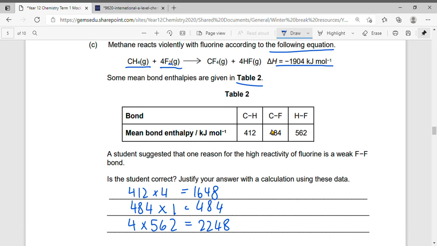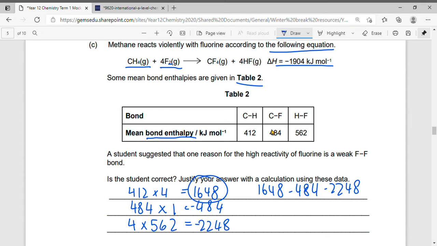Now bond enthalpy is the energy required to break a bond, I guess, yeah. So to break a bond, it takes this much. So we will leave this one here, but we're going to negative both of these. 1648 minus 484 minus 2248.